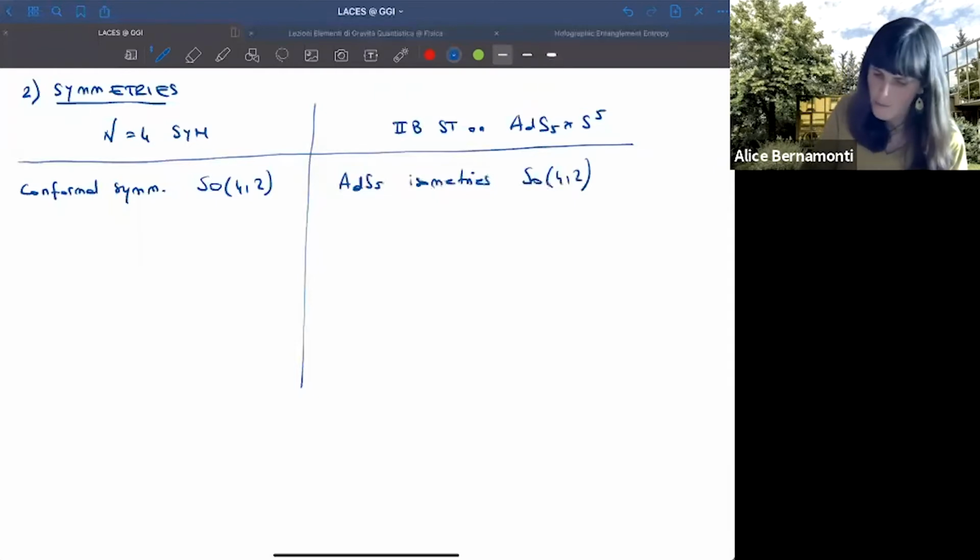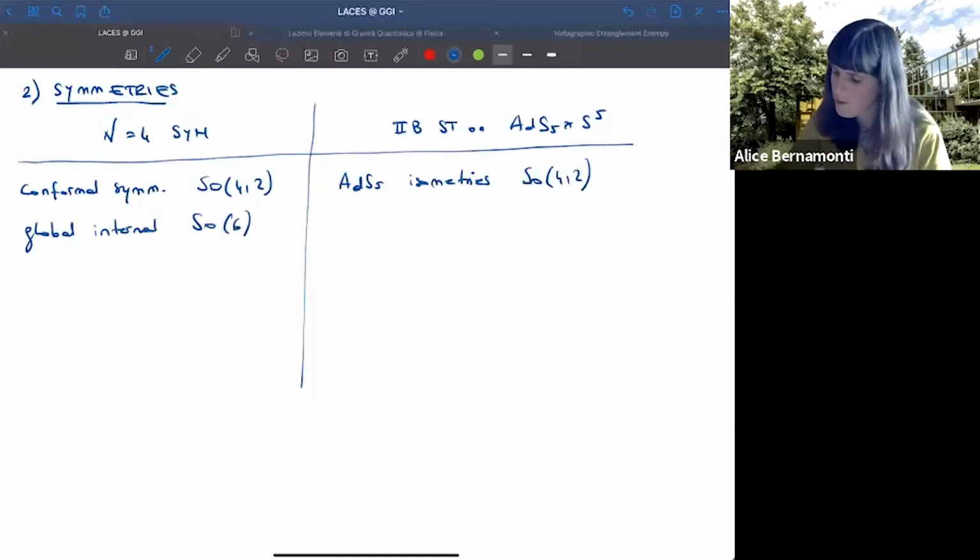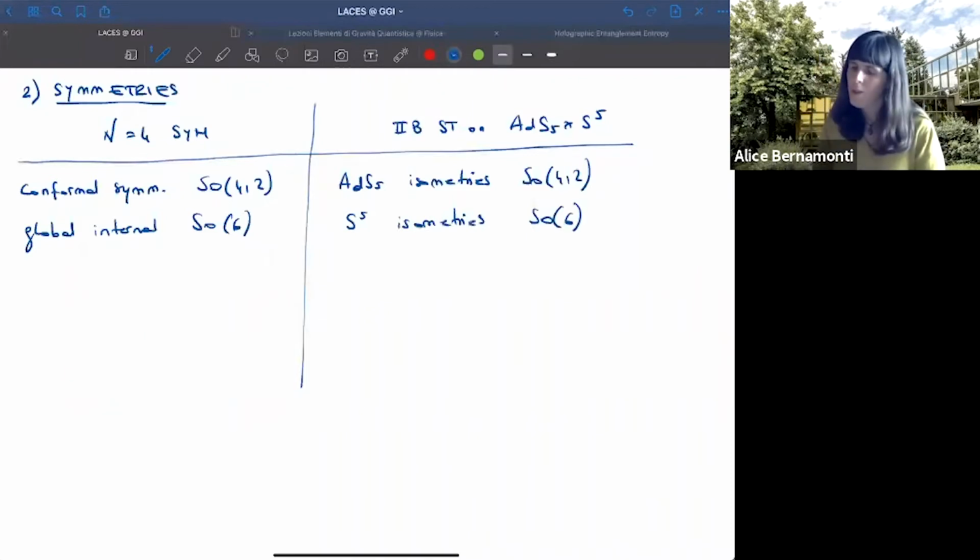Then we have, as we saw, a global internal SO(6) symmetry, which from the bulk point of view reflects into the isometries of the S5 factor. And so again, we have a global boundary symmetry, which relates to a local bulk symmetry.